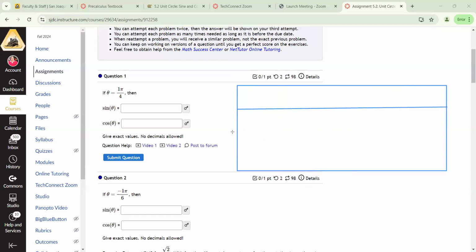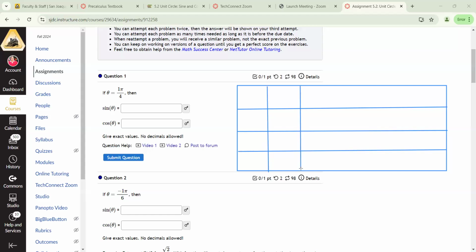Then we're going to have sine, cosine, and tangent. And then we're going to have this way 0, 30, 45, 60, and 90. So let's say here is 0.